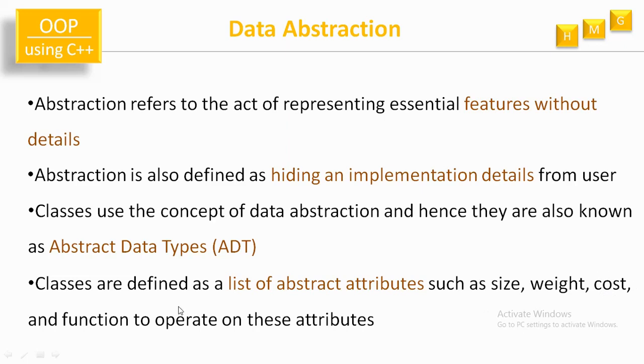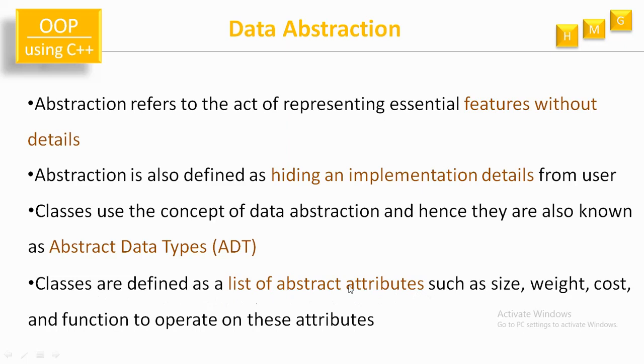So like this, functions can be defined to find these quantities, and thus these functions will operate on these attributes. Size, weight, cost are the attributes, and the operations that will be performed on size, weight and cost will be the functions. So whenever we are defining the classes, it is defined as a list of abstract attributes.